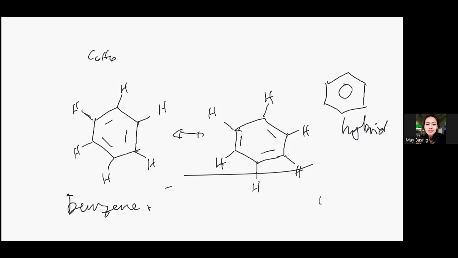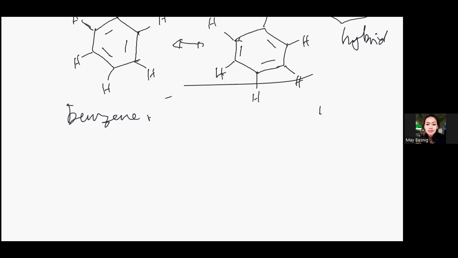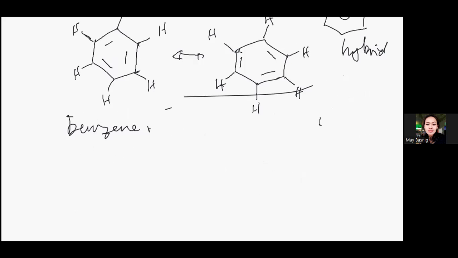Okay, and for some aromatic compounds, instead of carbon, you have nitrogen, no? So it is a 6-membered ring, usually they have 6 members.